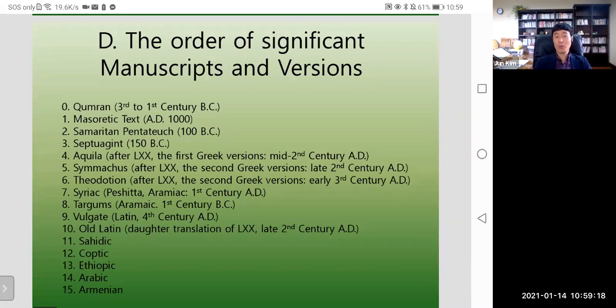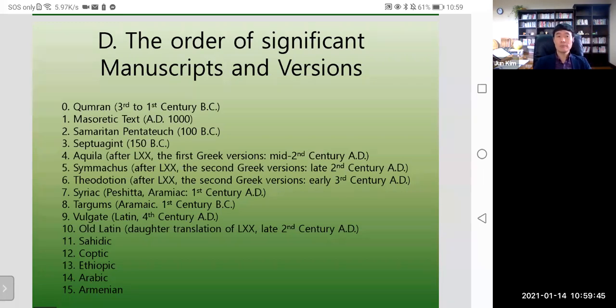That's how important it is. Septuagint is important because it is also a quite old version. You see, it was written in 150 BC. That's amazing. So some people may say Septuagint has much more significant value than Qumran.